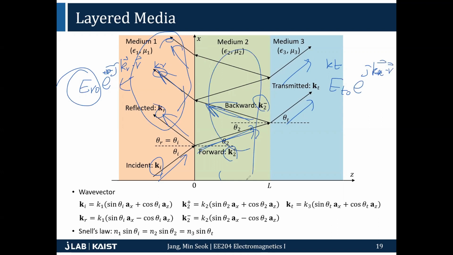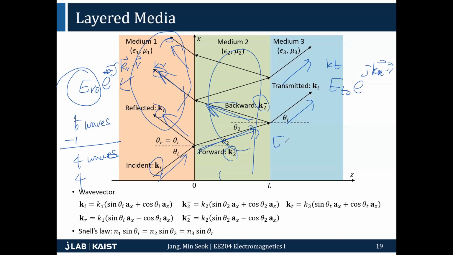And then you can do the similar thing for what's inside, right? And now you think about it, you have 5 waves. One is incident, so if you take one out, there are 4 waves. So what you need to do is determine 4 coefficients, right?